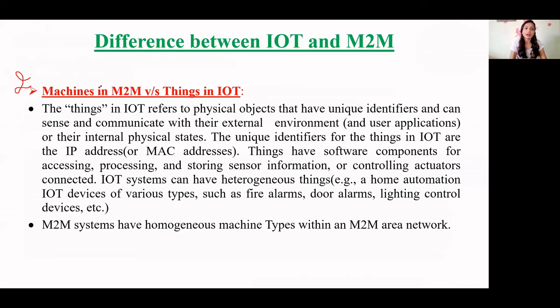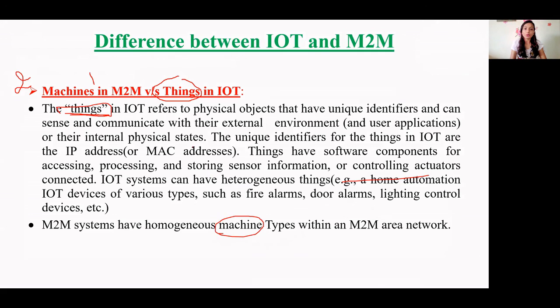Next is how the machines are in M2M and how the things are in IoT. In an IoT network, what do we have? We have things. If it is M2M, we have machines, also known as devices.